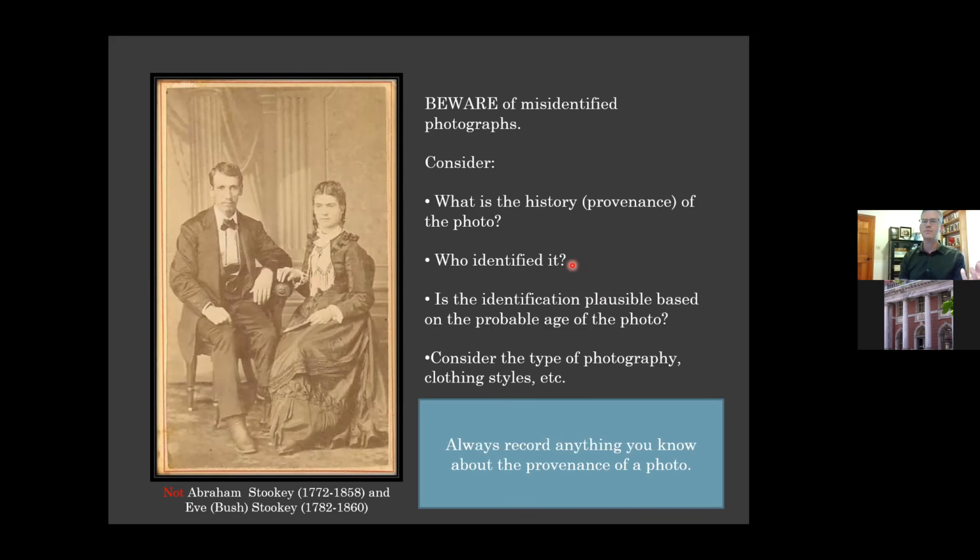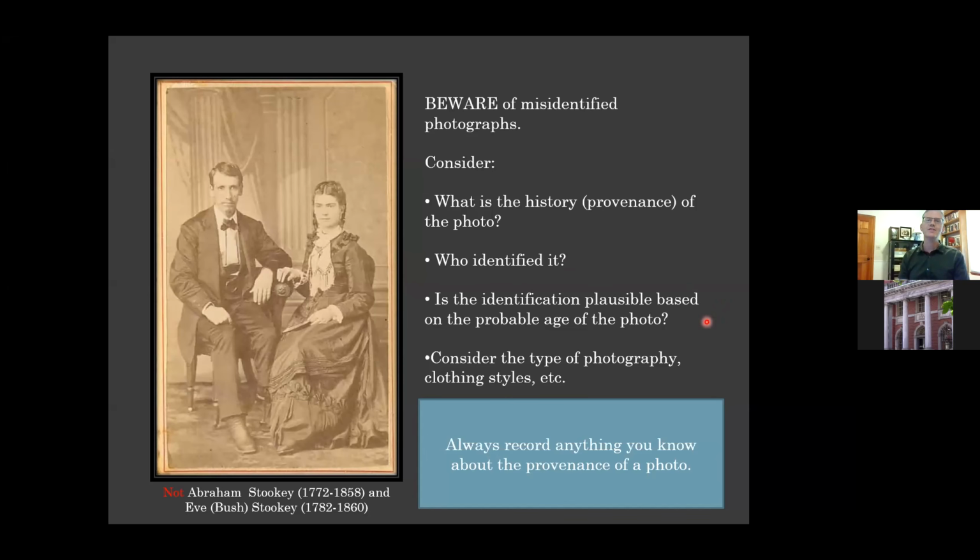And she was just making a guess because on the back of the photo, it had the name of the town where the photo was taken in Ohio. So she was assuming that because this couple lived in that part of Ohio, that this photo was of them. But it was too big of a jump. It really wasn't a good guess.